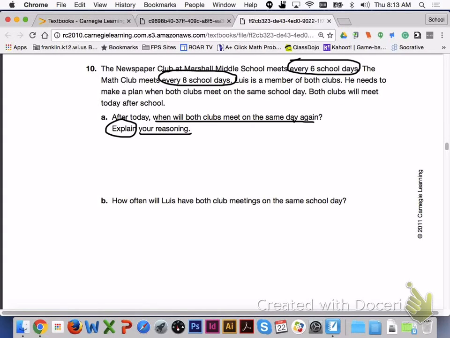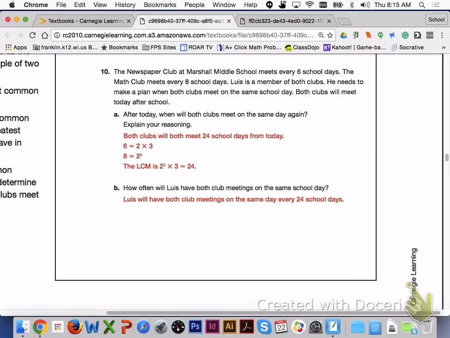Let's skip down to the bottom of page 64, answer number 10, letter A and letter B with your group members. In number 10, for letter A, remember first we want to determine the unique factors of the number 6 and the number 8. We want to write out those unique prime factors. So for 6 it's 2 times 3, and for 8 it is 2 cubed.